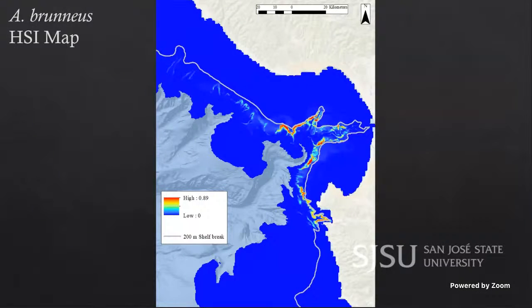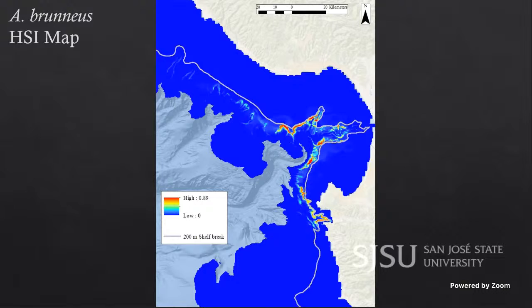Focusing here now on the Abranius final habitat suitability index map. Again, on the legend here, ranging from reds to blue, high to low likelihood of finding egg case locations, and the bathymetric contour again is the 200-meter shelf break.